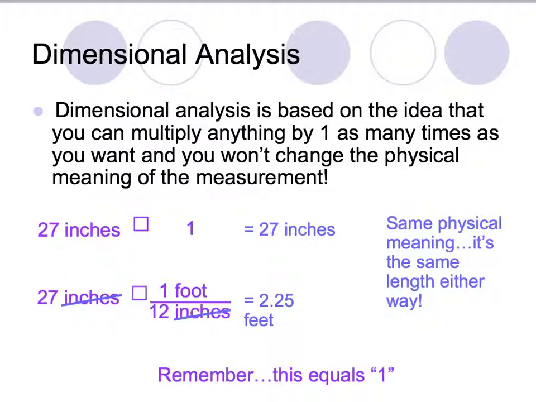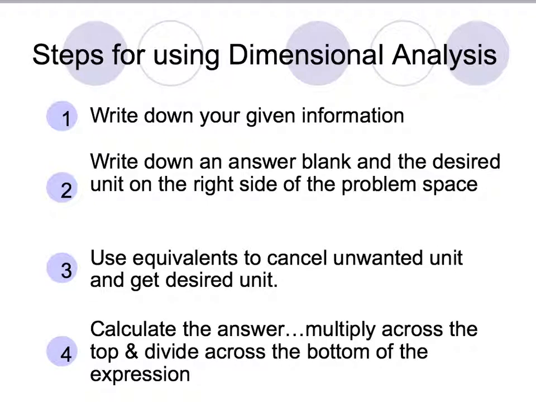It's amazing, okay? But that's kind of a basic thing, and some of you might get it really easily, but here we go with some more. Here are the steps for using dimensional analysis or truth tables. The first step is to always write down what you're given, and then number 2, write down an answer blank and the desired unit on the right side of the problem space.